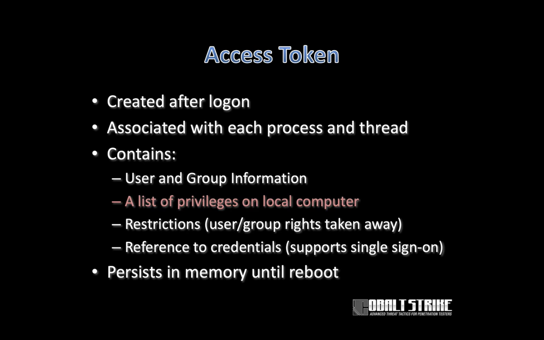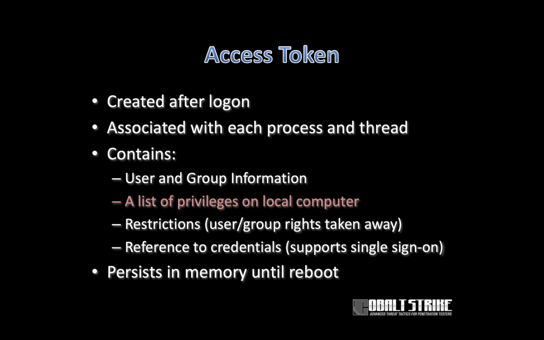I brought up the idea that the access control and privilege model in Windows is very different from Unix, which is something many of us are used to. One of the ideas in Windows that is very different is the concept of the access token.